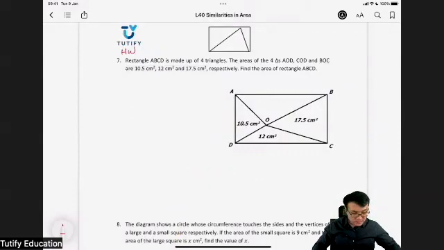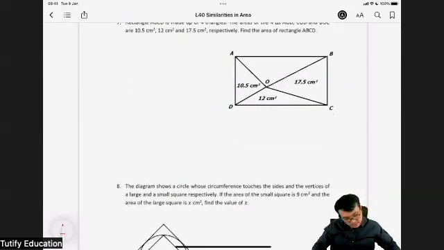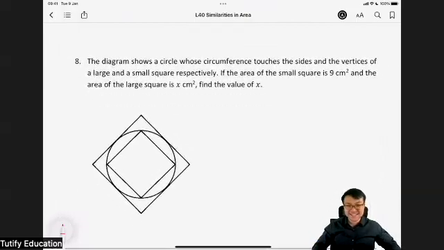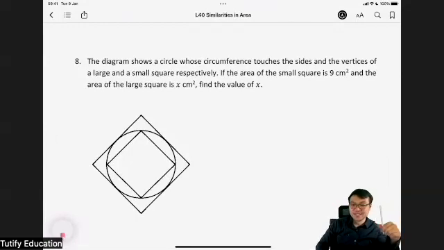And I'm going to let you try it as homework. This question, okay, students, actually, it's very easy. But if you cannot imagine and if you cannot visualize, it will be very hard. So this one is a bit tricky, it really depends on whether you can visualize it or not.